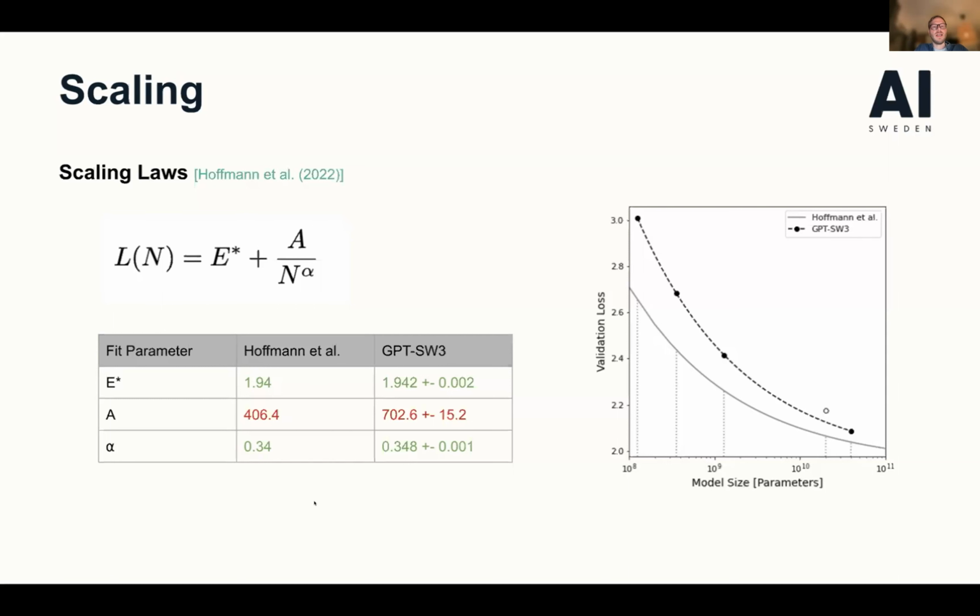Of course we can't study the dependency on dataset size, but assuming that's the same as for Chinchilla, that would mean that also for GPT-3 we have this scaling behavior where if you have twice the compute, you should scale up model size and dataset size simultaneously and to the same extent. Regarding the other two parameters, we also have E star. They are also in accordance between Chinchilla and GPT-3, but the parameter A is very different.